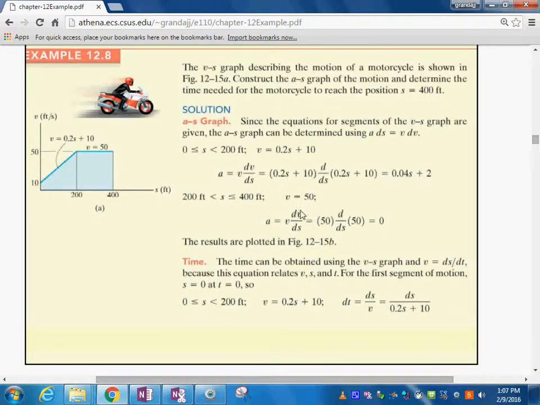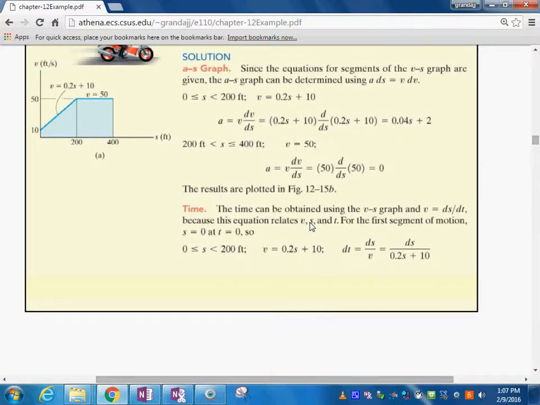So if we look at this in here, we will see that if you do the integration on both sides here, t is 5 times natural log of (0.2s plus 10) minus 5 ln 10.